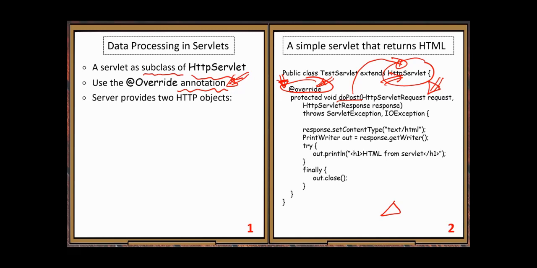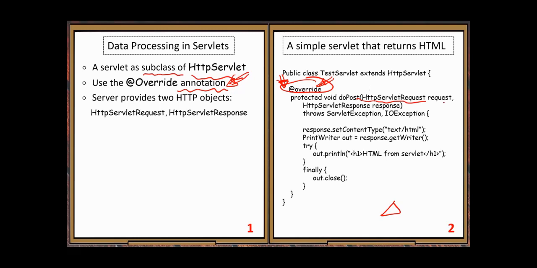Next, the server provides two HTTP objects in order to do your business. Now we need to do our business in this method, but in order to do that, you need two important objects: HttpServletRequest and HttpServletResponse.